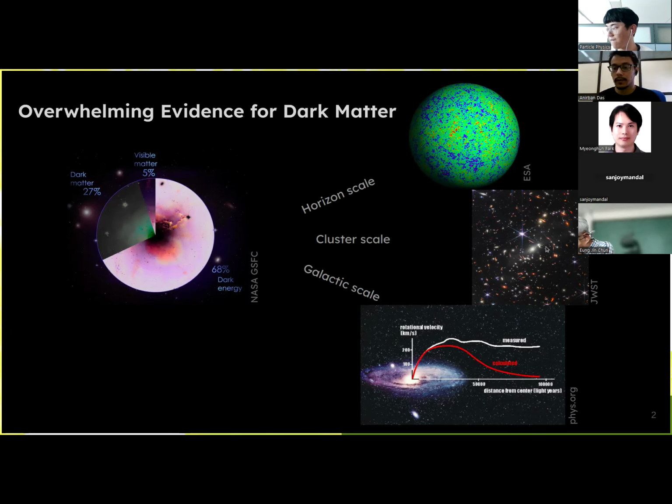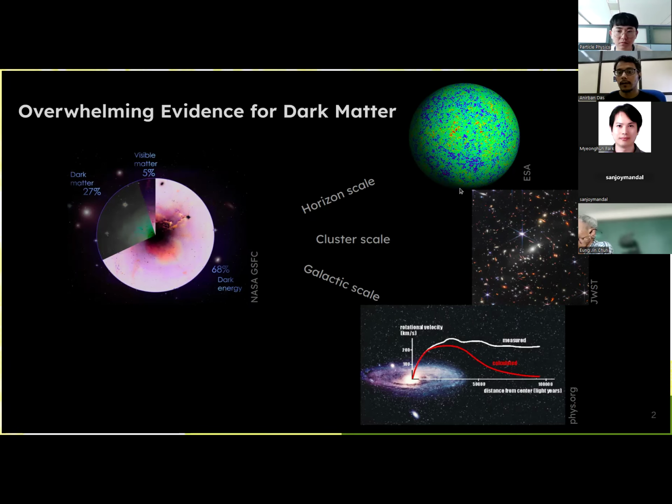For example, this particular image is from the JWST survey. It's a very recent one, and you can see some of these stick-like narrow images are gravitationally lensed. This clearly tells us that there is more mass in the intervening medium in the galaxy cluster at the center of the image.